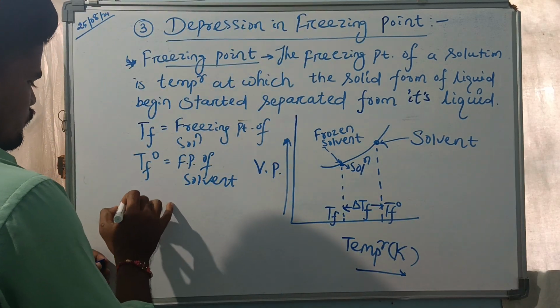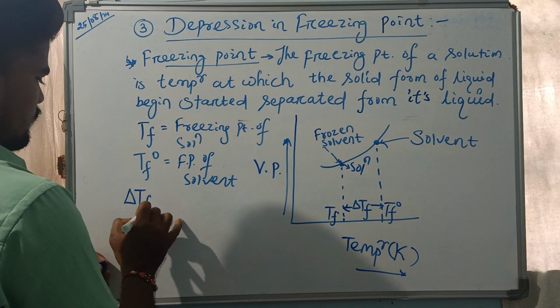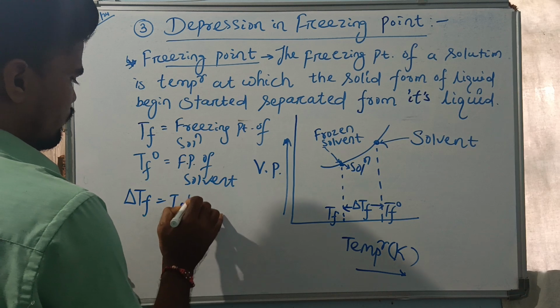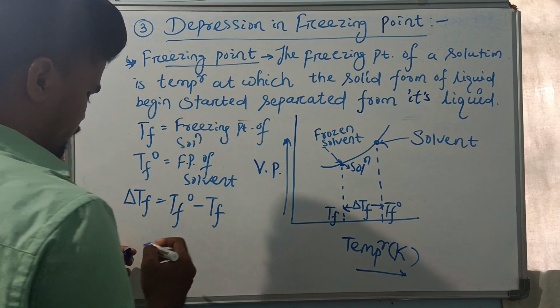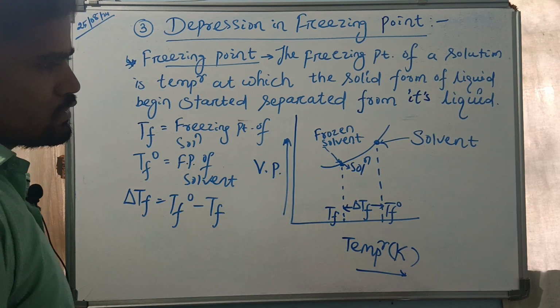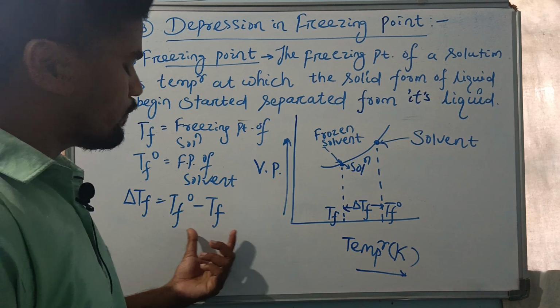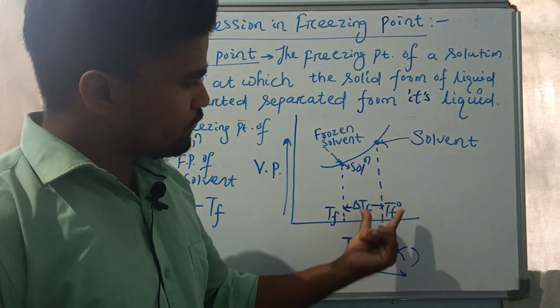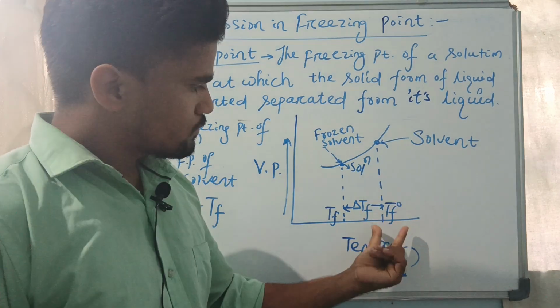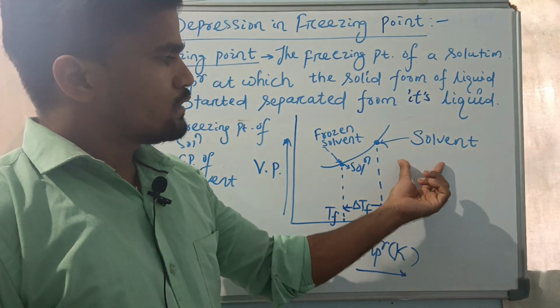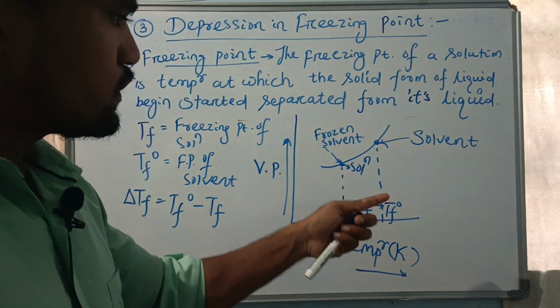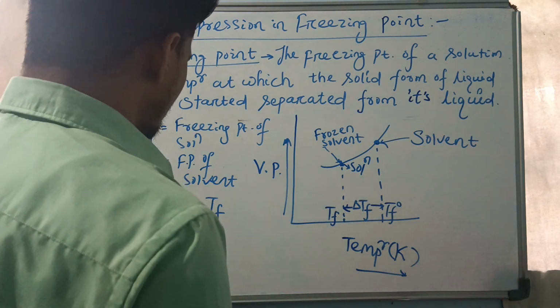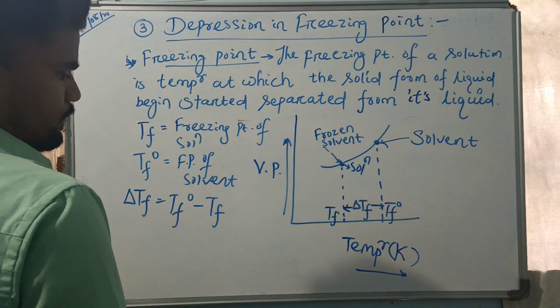So Delta Tf is equal to Tf naught minus Tf. Why Tf naught first? From this graph you can check, Tf naught is the freezing point of the solvent, so that way it is Tf naught minus Tf.